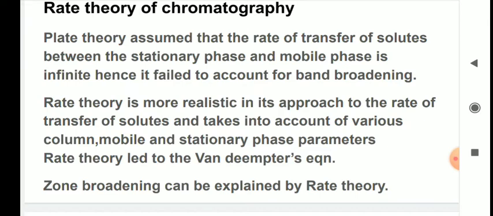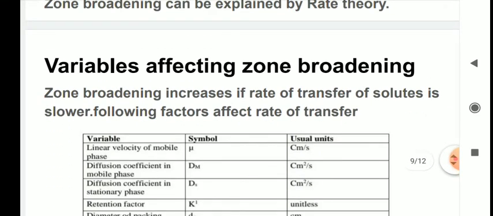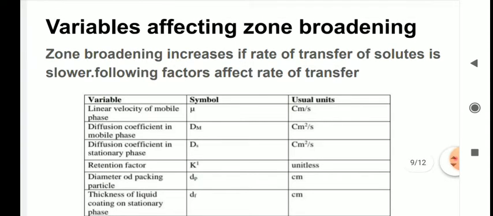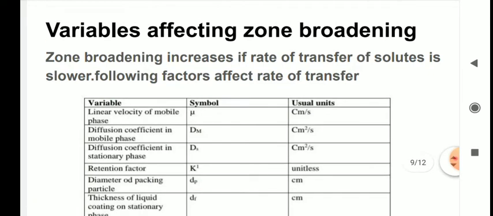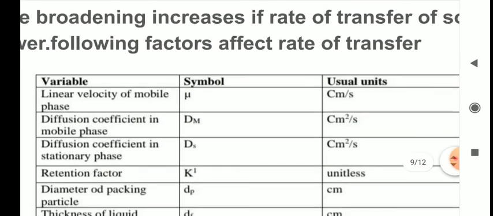Now we'll see what are the various factors which affect zone broadening. In a column, you have the stationary phase, the stationary support, and the thickness of the stationary phase, whereas the mobile phase which you are using passes through the column at a certain flow rate or a certain linear velocity. So the first factor which affects zone broadening is the velocity of the mobile phase.